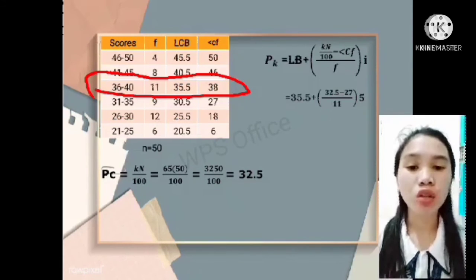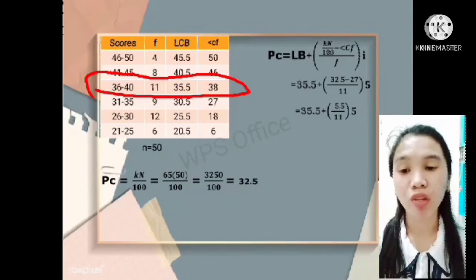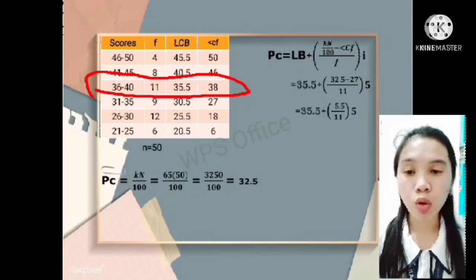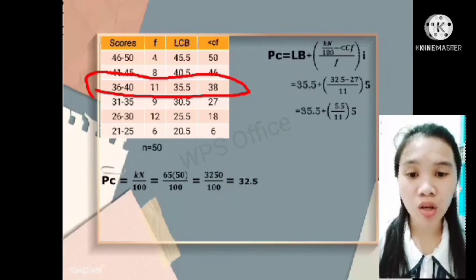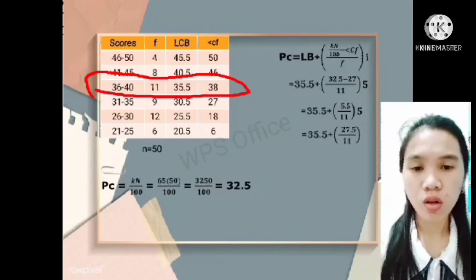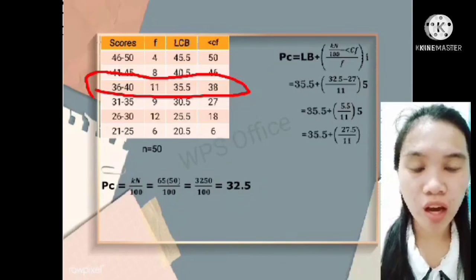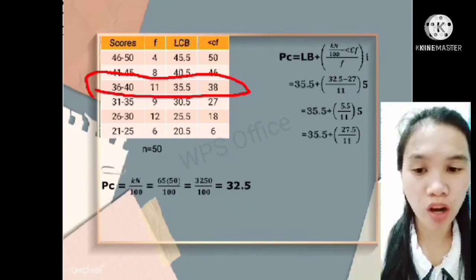We need to solve first in the parentheses. Let's copy the 35.5, the lower boundary, plus 32.5 minus 27 equals 5.5. So 5.5 times 5 equals 27.5, over 11.